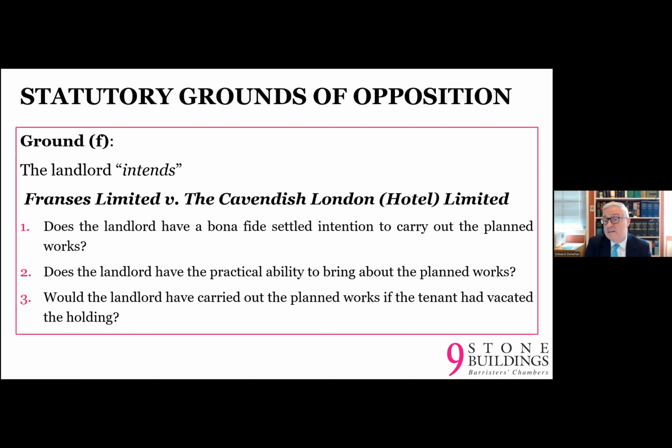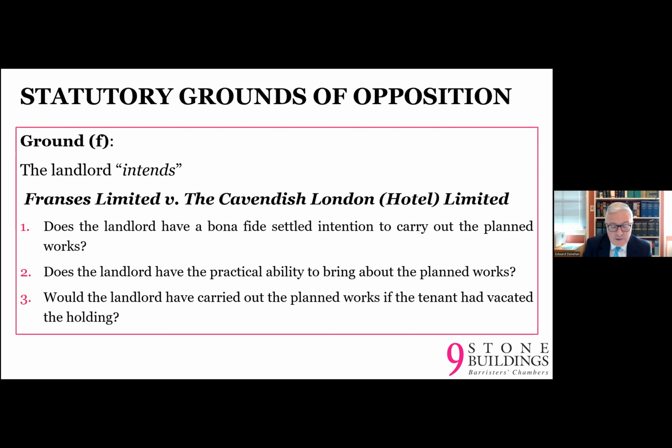Yep. And Lord Briggs, in the same case, acknowledged that by adding this third layer to the requirement of intention, it is likely to lead to an increased complication in the context of section 31F grounds of opposition.